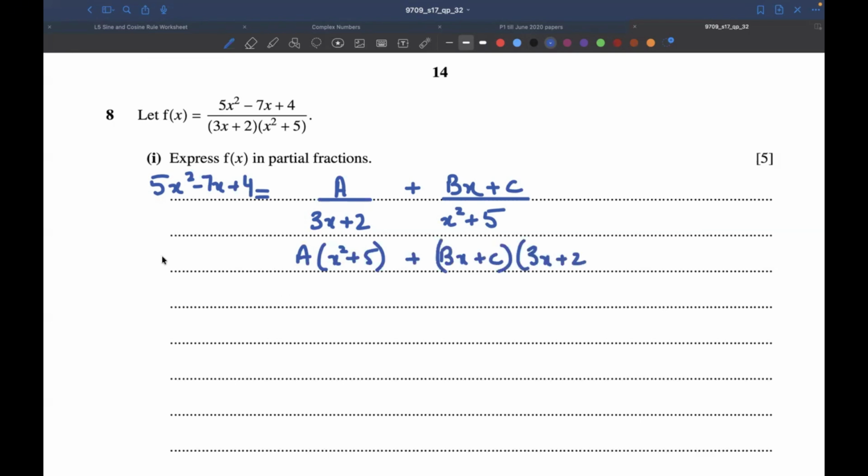And we'll now compare it with the left hand side. But before comparing, we'll expand it. So when we expand, we'll get ax square plus 5a, plus bx into 3x is 3bx squared, plus 2bx plus 3cx plus 2c.